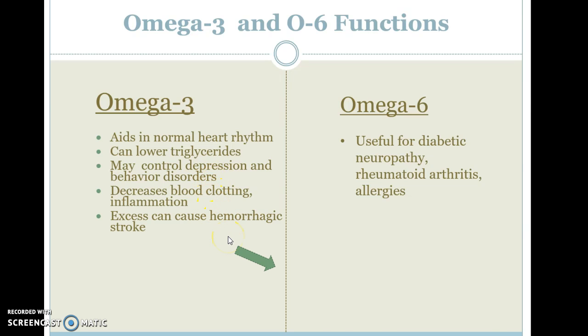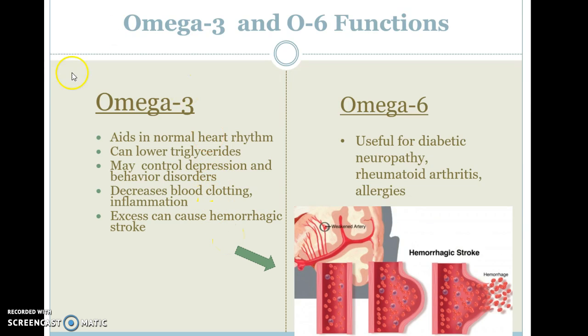So there is some advantage of possibly watching the balance of what type of fat we eat. The hemorrhage stroke here is when the weakening of the artery causes a break and then internal bleeding.